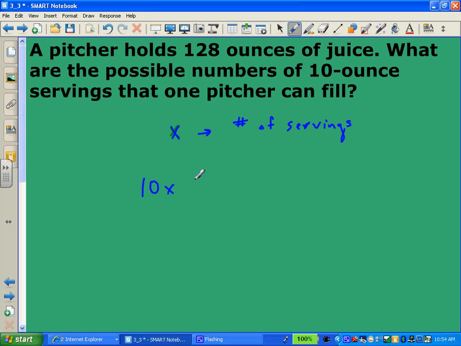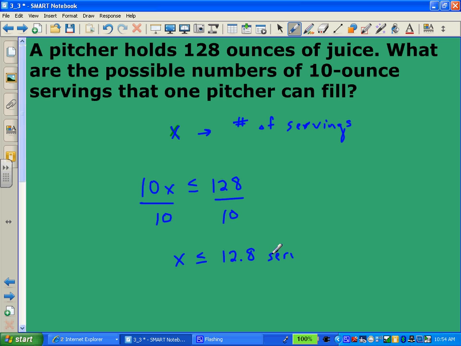Okay, there's 10 ounces per serving, so 10 times X, and that can't be more than 128, so less than or equal to. If it's more than that, our pitcher will overflow. So let's divide by 10, and we get 12.8.